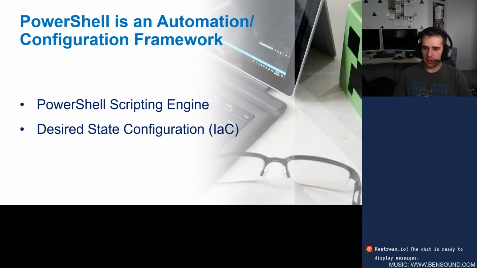Desired State Configuration is the second pillar of PowerShell. It defines how a software environment should be configured. PowerShell has the ability to let you write infrastructure as code and deploy that.